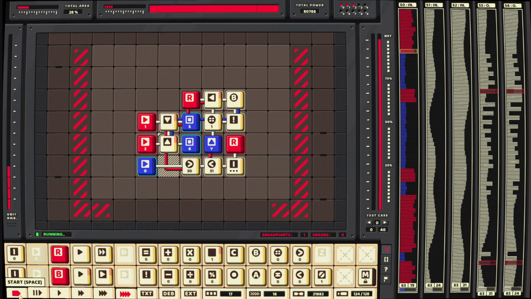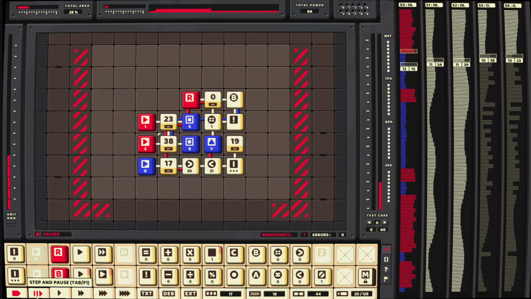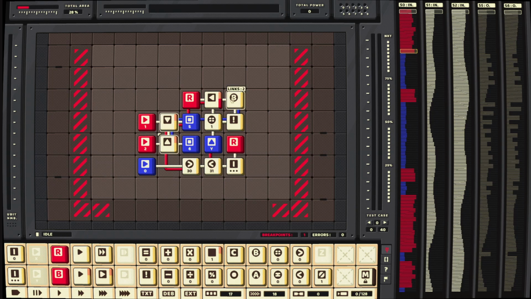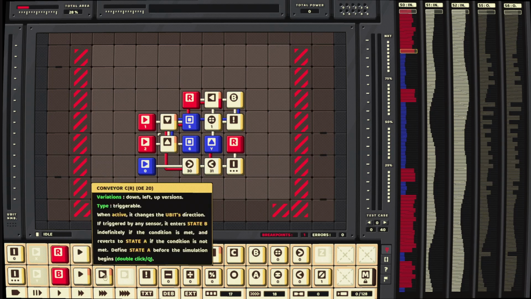Oh, no, that was right. That was right. Stop. Now these are the bits associated with 19 about to come out. They swap. But this 17... Well, no, hang on. That looked right. OE8, OE20.